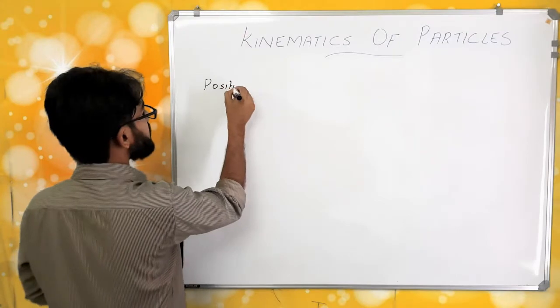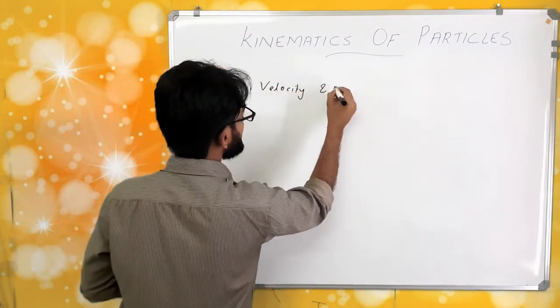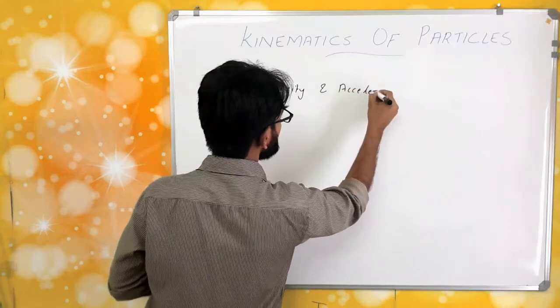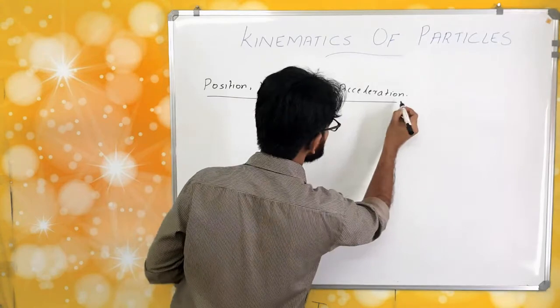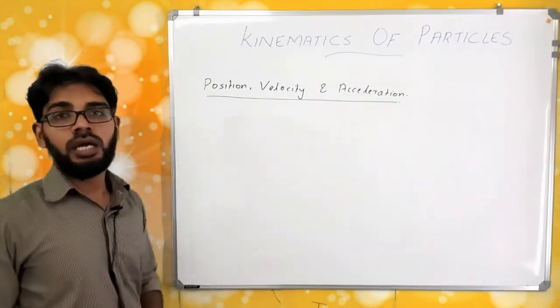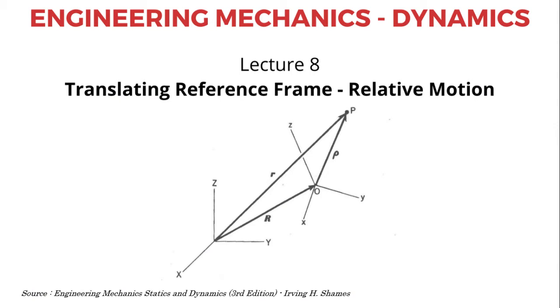Next, we shall be dealing with the position, velocity and acceleration in the two reference frames. Now, look at the figure here, showing the position of a particle at point P with reference to the fixed and a translating reference frame.